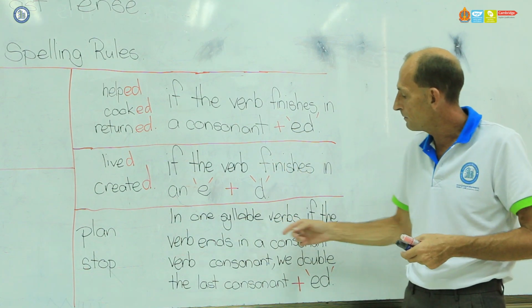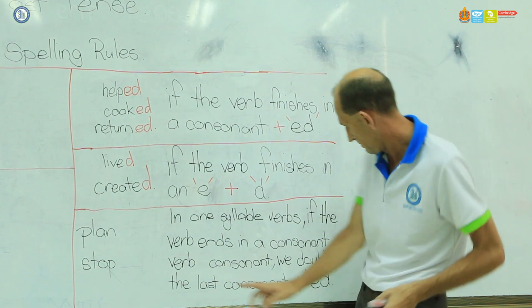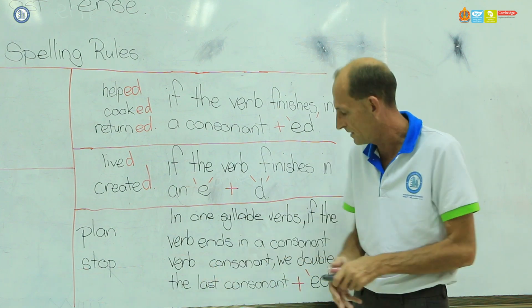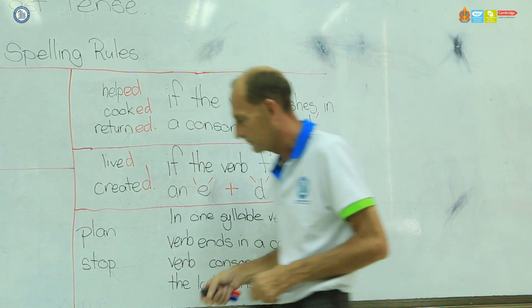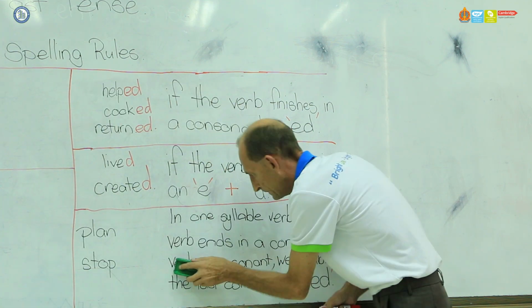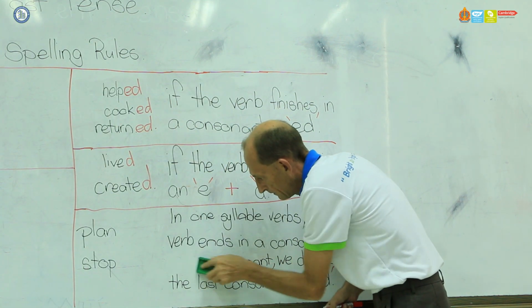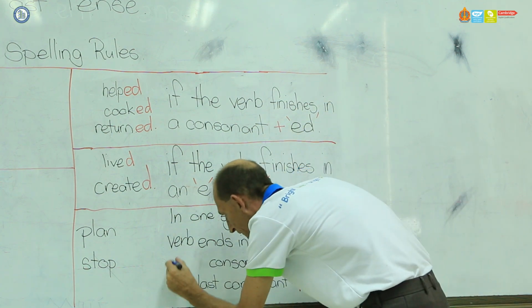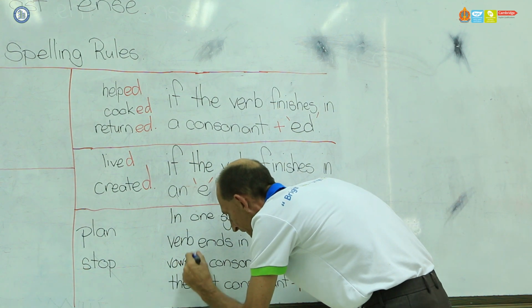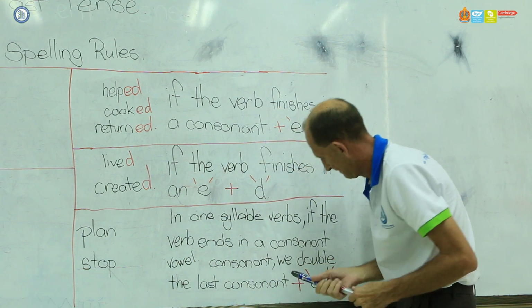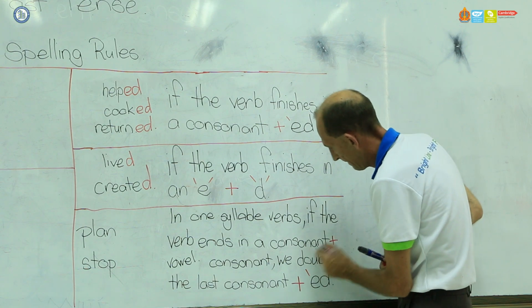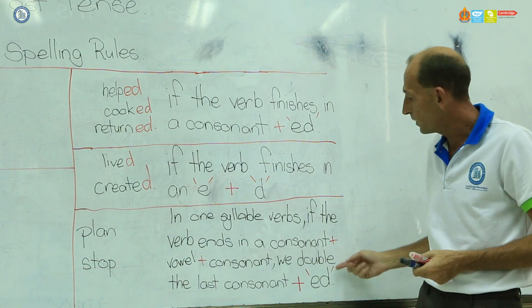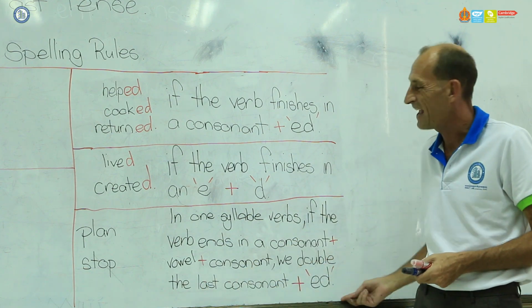Now, if our one syllable verb finishes in consonant, vowel, consonant, we double the last consonant and then add ED.